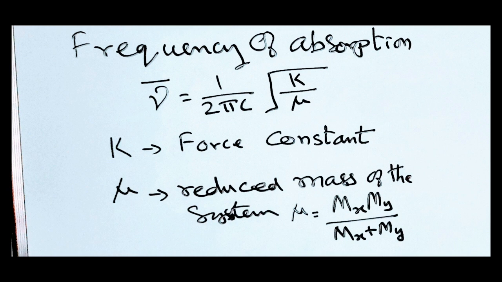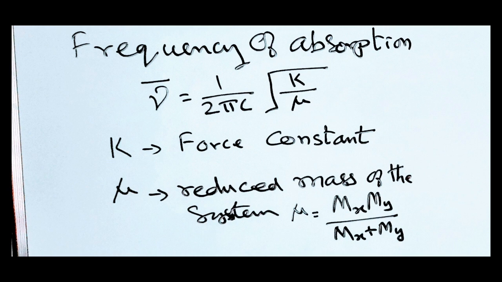And I told you that 1 by lambda is expressed as the wave number, nu bar. See, a formula has been derived to calculate the frequency of absorption of a chemical bond through which two atoms are connected in a molecule. So the formula for calculating the frequency of absorption nu bar is given by 1 by 2 pi c times the square root of k by mu.